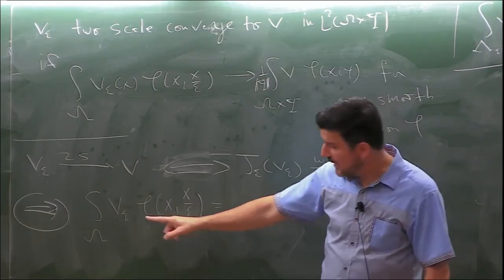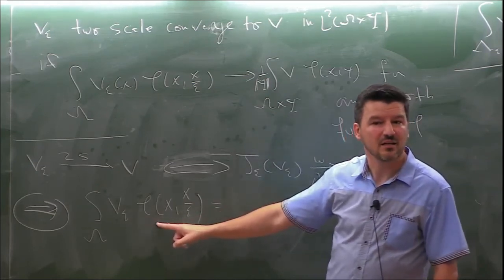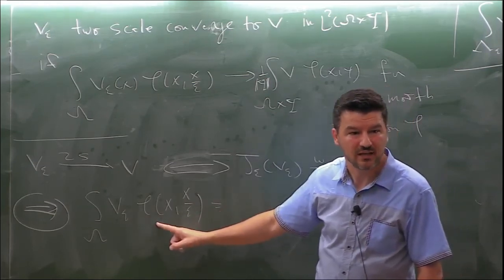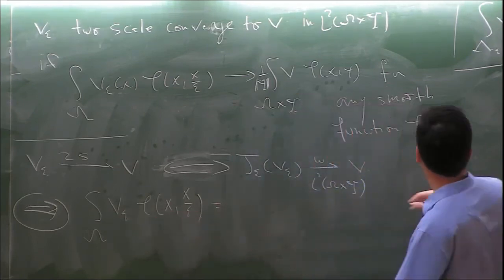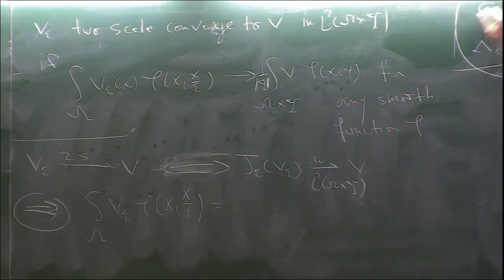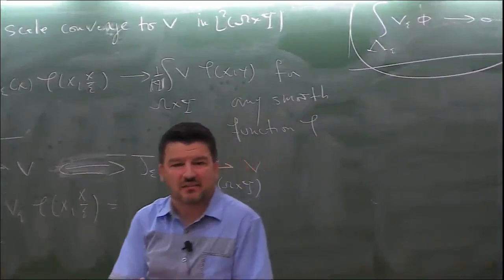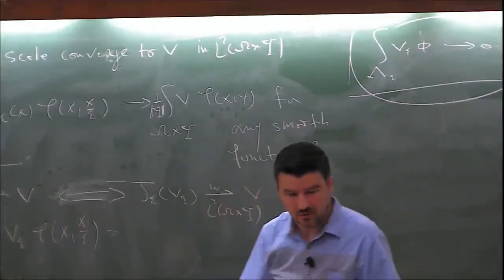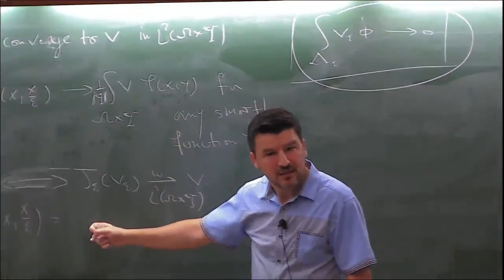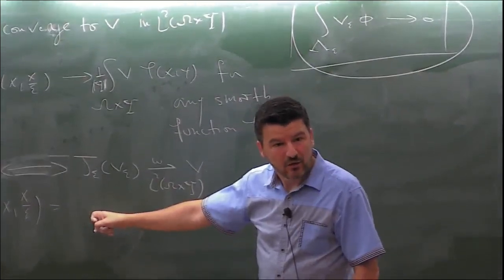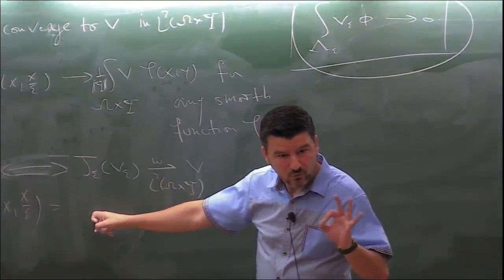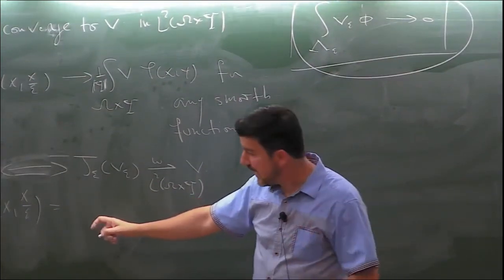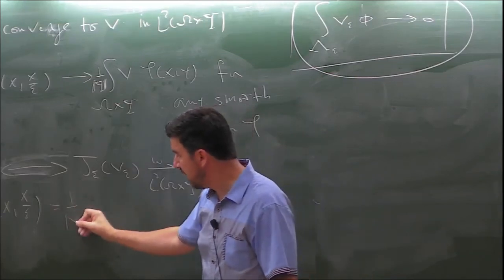So the product here is suitable, so that I can infer that this product has the property that the integral on the vanishing set is small when epsilon goes to 0, okay? So try to fill in this detail if you want to be very, very precise, but let's assume we can do it. So then we end up with this.